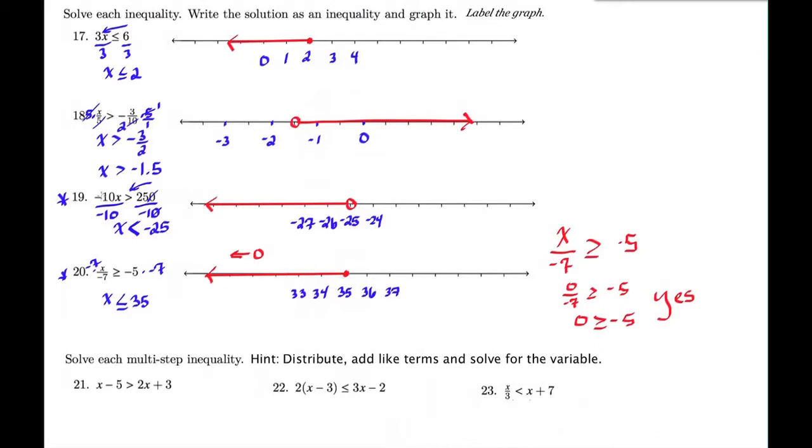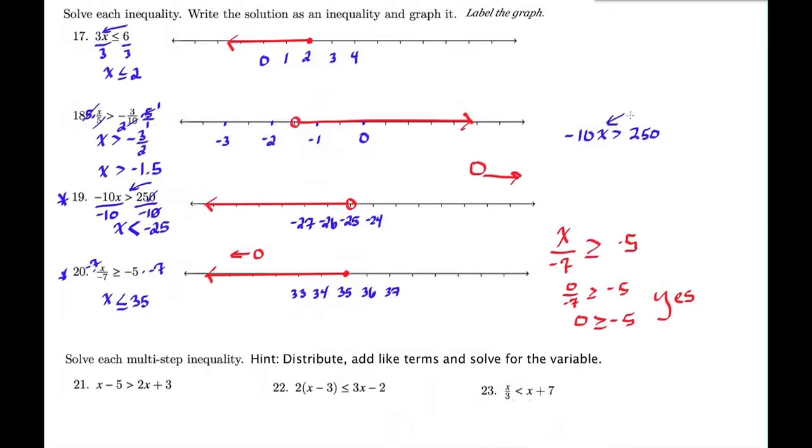We can do the same with number 19. 0 in this case is over here. 0 is in that direction because this is going increasingly negative. So if I put 0 in for this problem, I get negative 10 x is greater than 250.